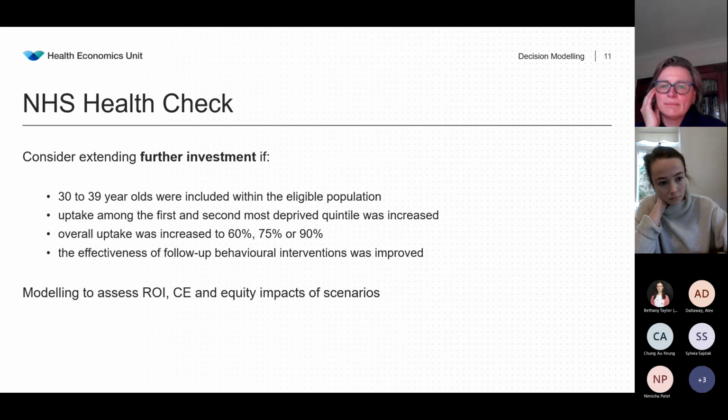What if we had some campaign to increase the uptake among those that are most deprived, or if the overall uptake changed, what would be the costs and consequences?